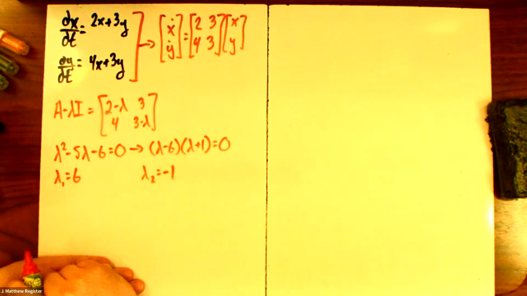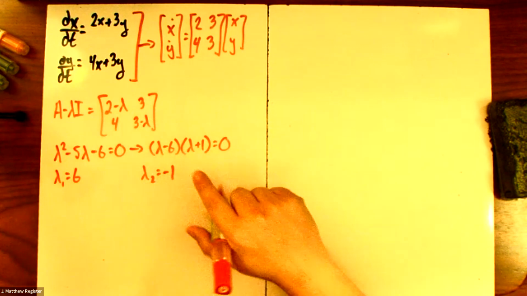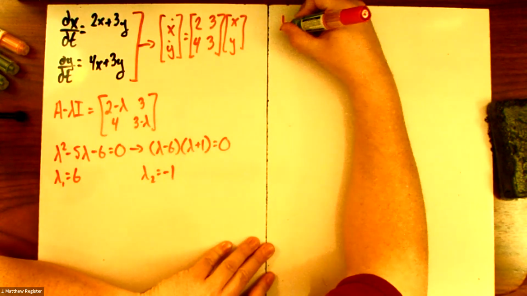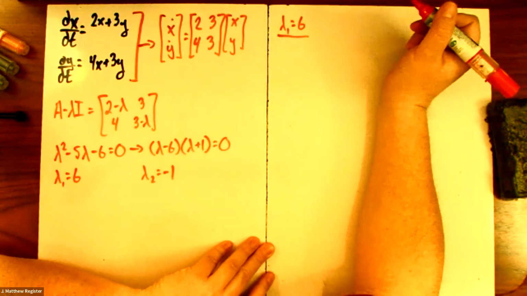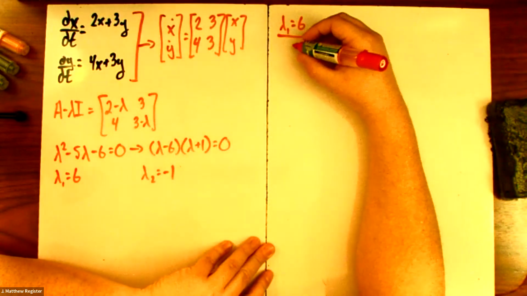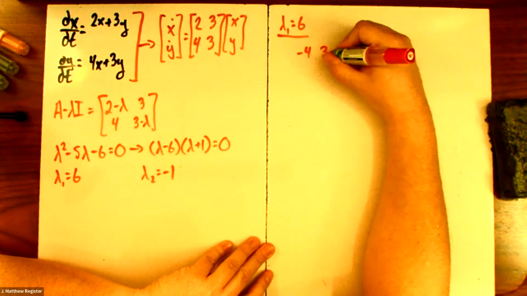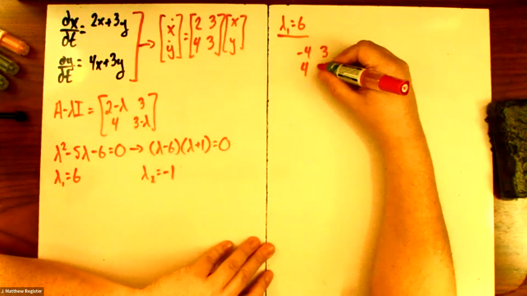Now that we have our eigenvalues, we can figure out what the eigenvectors are. And so we can plug these in here. For lambda 1, which is equal to 6, our eigenvectors are going to come from plugging the 6 in here. So 2 minus 6 is -4. Then we have 3, 4, and 3 minus 6 is -3.